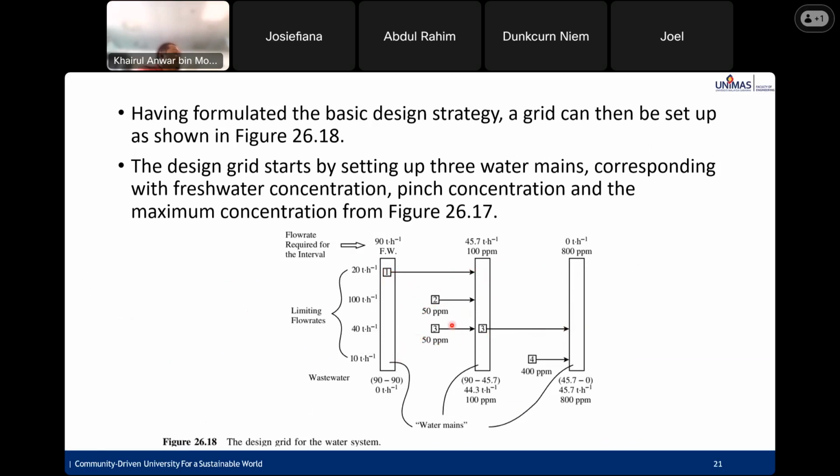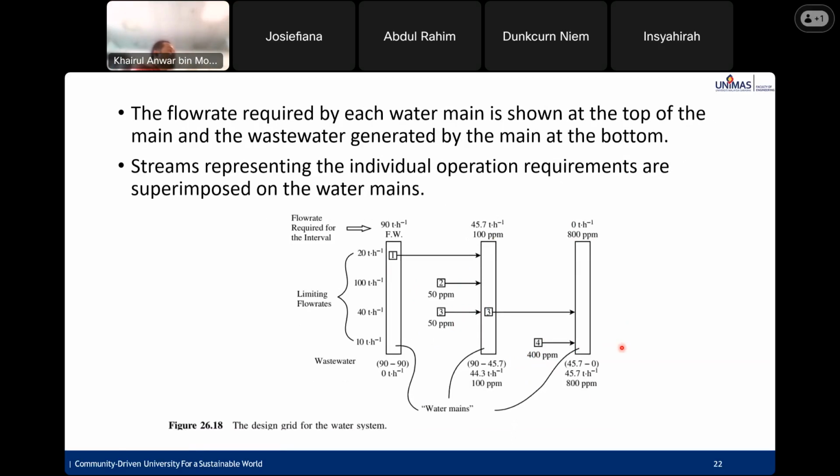But for stream 3 here, it's actually from 50 to 800. So it means it's going across the second water main, 100 ppm, but then it must go back to 800 ppm. But for the fourth stream, it's direct. It's 400 to 800. The flow rate required by each water main is shown at the top of the main, and that is balanced by the main at the bottom.